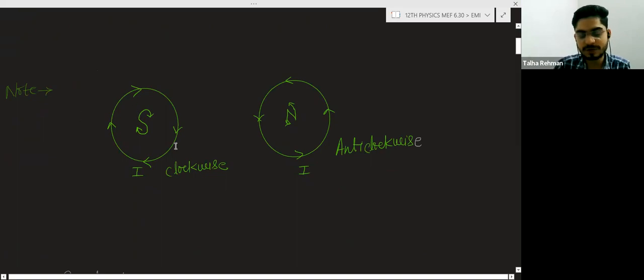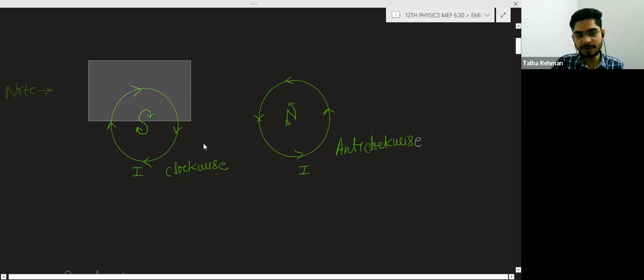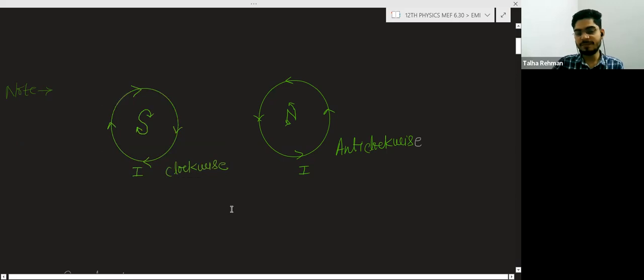If the current is in clockwise direction, then this face will behave as a south pole, and if the current is in anti-clockwise direction, then this face will behave as a north pole. Here is south pole, here is north pole.